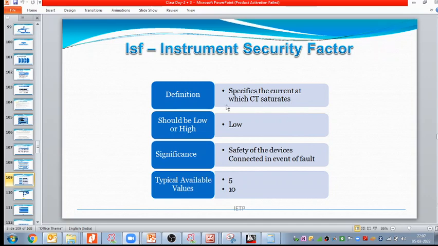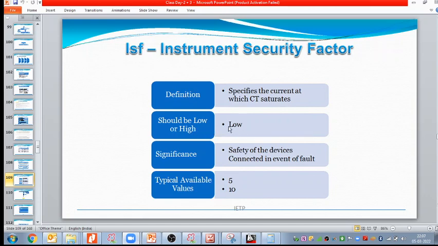So the definition: there is no limit of time there. When the current is flowing more than that limit, it should go into the saturation state. So the definition is that ISF specifies the current at which the CT goes into saturation. Should it be low or high?